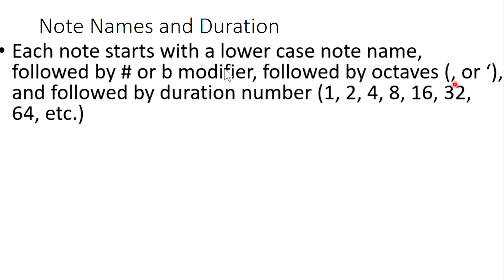We use a comma to represent one octave lower; two commas, two lower octaves; and use a tick to represent one higher octave; two ticks, two higher octaves. This is followed by the duration number, like 1 represents the whole note, 2 the half note, 4 the quarter note, and 8 the eighth note, and so forth.